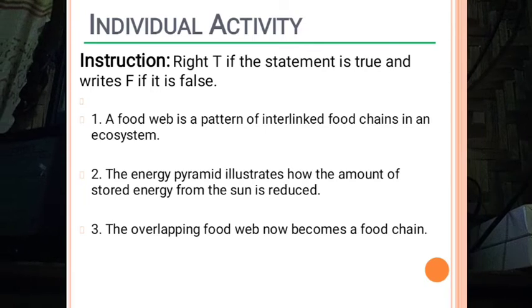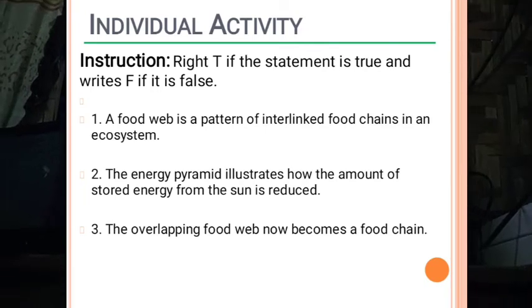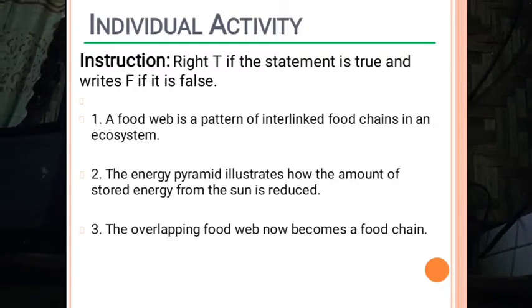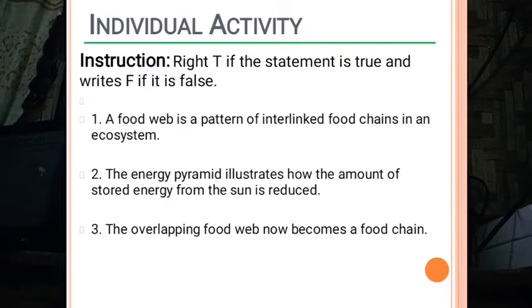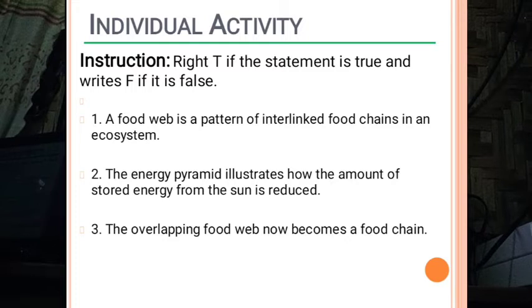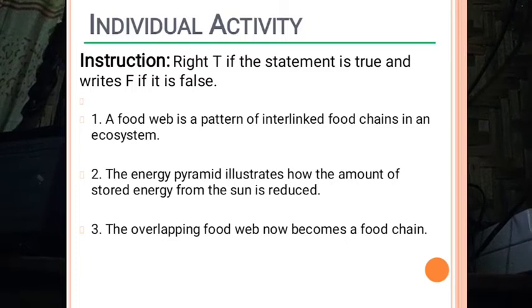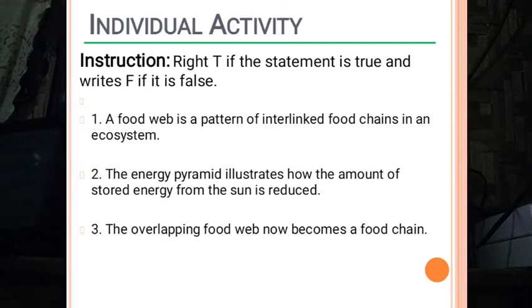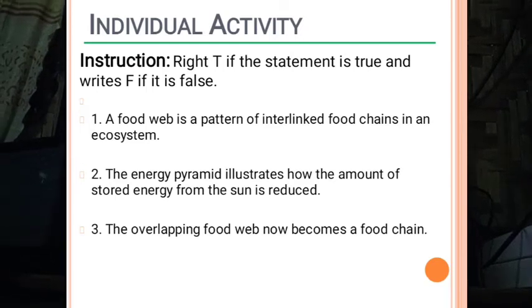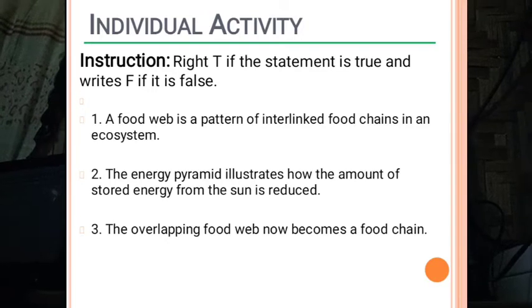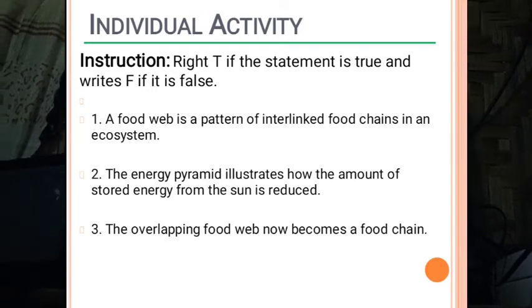Next question. The energy pyramid illustrates how the amount of stored energy from the sun is reduced. Again, the energy pyramid illustrates how the amount of stored energy from the sun is reduced. Okay, for number 3, the overlapping food web now becomes a food chain.